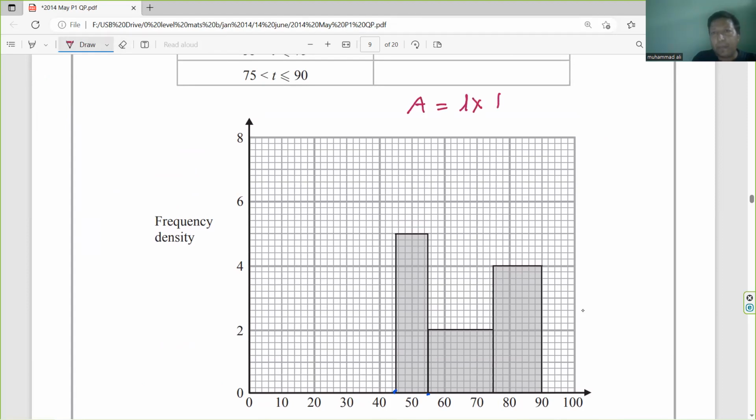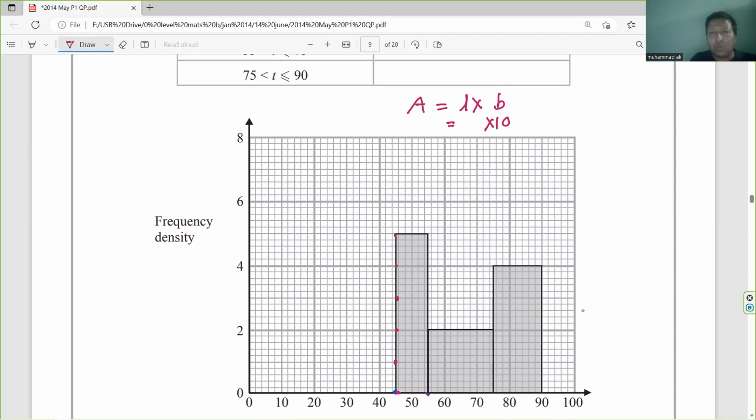Area equals length into breadth. From 45 to 55, the breadth is 10, by subtracting the interval ends. The length is the vertical side, and the frequency density is 5.